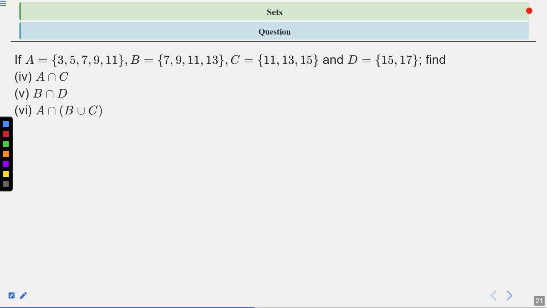Now here are A, B, C, D, 4 sets in roster form. Answer: what will be A intersection C, what is B intersection D, and what about A intersection (B union C)? These round brackets show that first you have to find B union C and then intersect it with set A, or you can use the distributive property, if you recall.